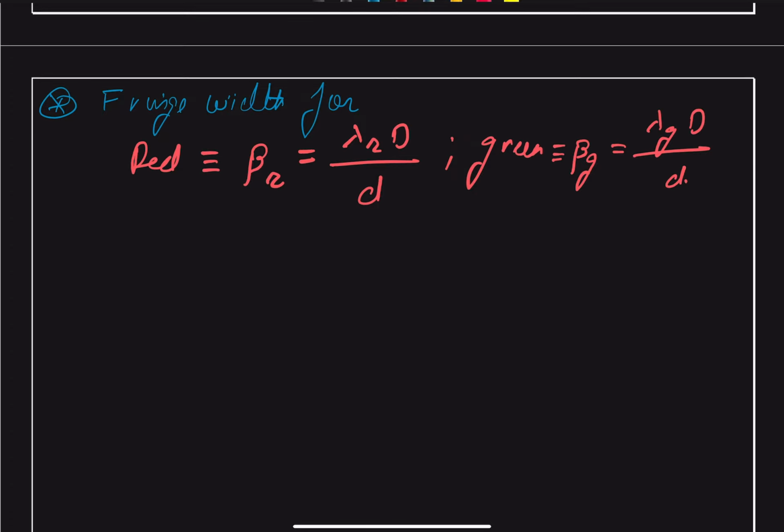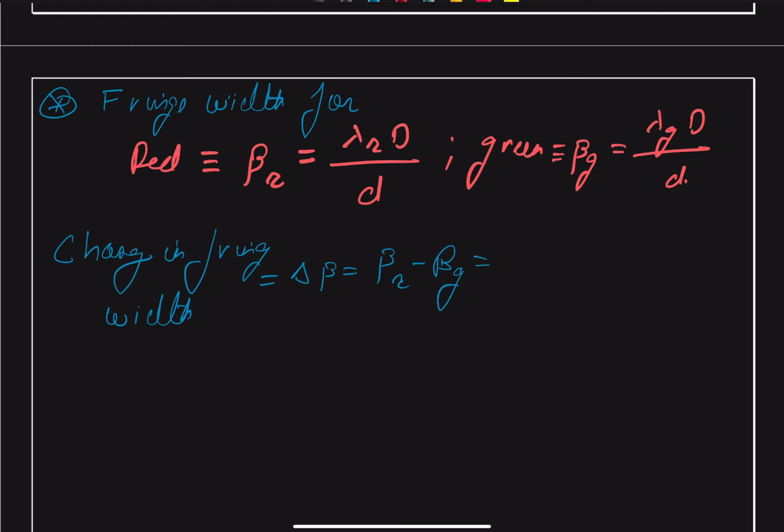And we can find out the change in the fringe width, that is delta beta, will be equal to beta for red minus beta for green. So D and d will be common, so we will get this as lambda_R minus lambda_G, times capital D upon small d.